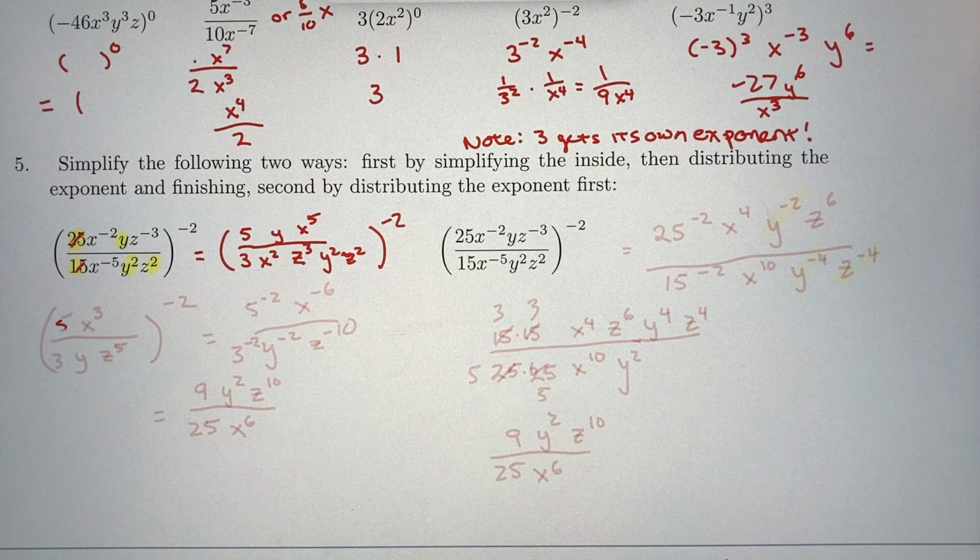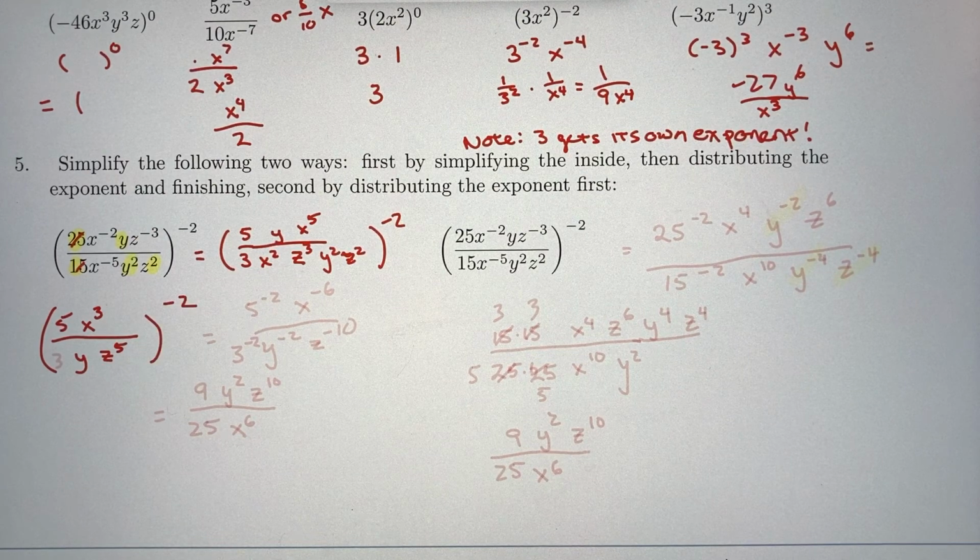Okay, so what do I have? 5 on the top. What happens with the x's? I have 5 x's on the top and 2 x's on the bottom, so I have 3 more x's on the top. With the y's, I have 1 y on the top and 2 on the bottom, so I have a single y left. The z's are all on the bottom now, so 3 and 2, that's 5 z's.